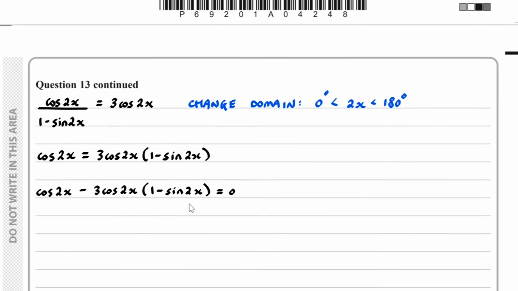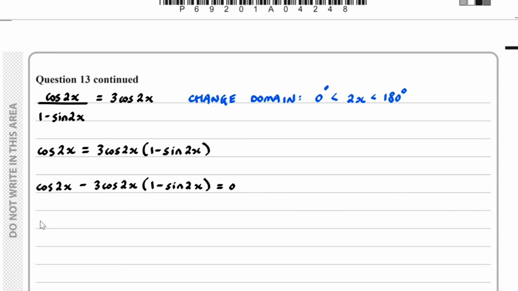And if I factorize out a cos 2x, then I've got 1 minus 3 multiplied by 1 minus sin 2x equals 0.